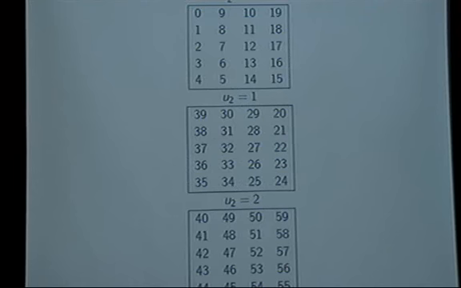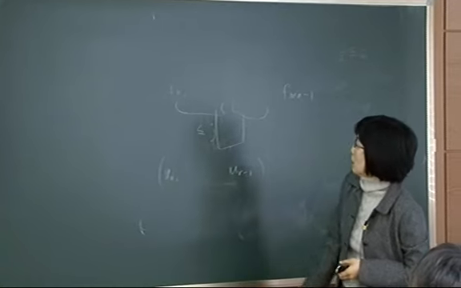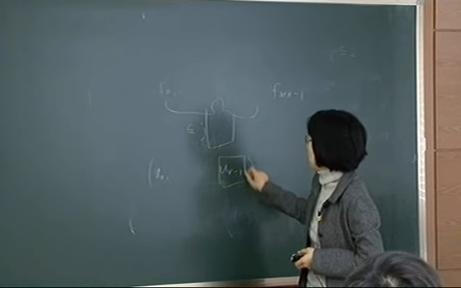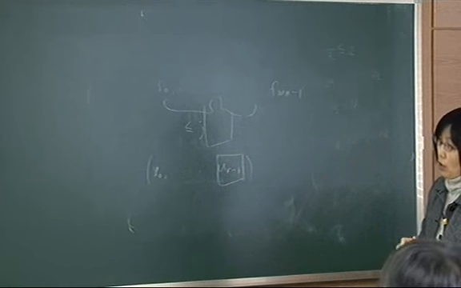Okay, they did it in this way. So let me put each coordinate to be U0 up to U(r minus 1). There are R coordinates. And depending on this last coordinate, you distinguish layers.